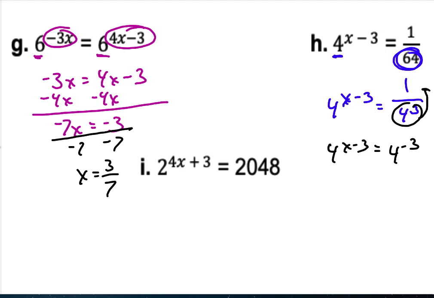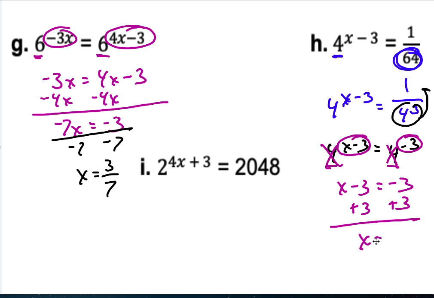All right, so my bases are the same, so I can focus on making sure my exponents are equal. X minus 3 is equal to negative 3. So I'm going to add 3 to both sides, and I get x is equal to 0, which feels weird, but remember, we want to plug it back in here. We said 1 over 64 is really 4 to the negative 3rd. Well, 0 minus 3 is 4 to the negative 3rd. So it really does equal the same thing.